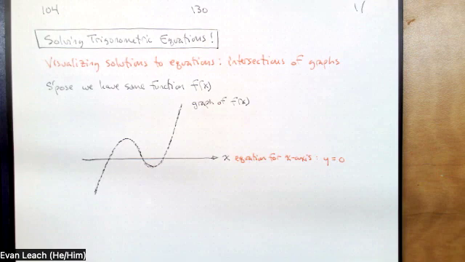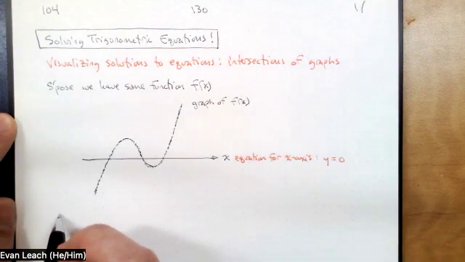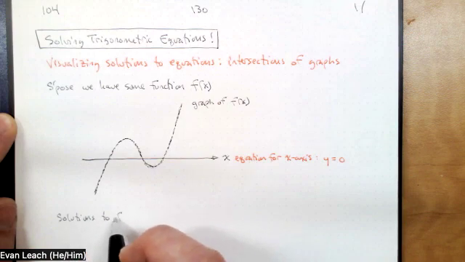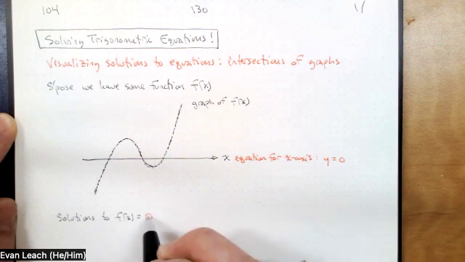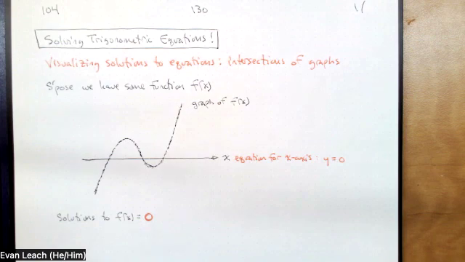So if we wanted to solve the equation f of x equals 0, we're looking for where the graph of f of x crosses the x-axis. So the solutions to the equation f of x equals 0 will be the places where the graph of f of x intersects the x-axis, known as the x-intercepts of the graph.